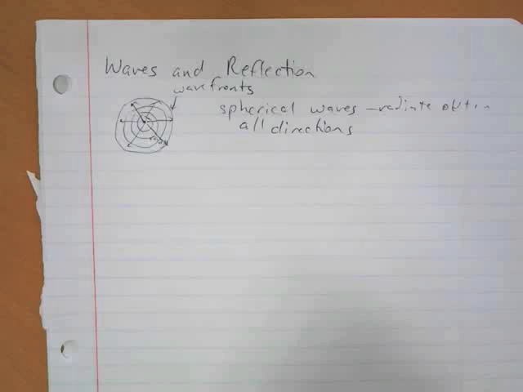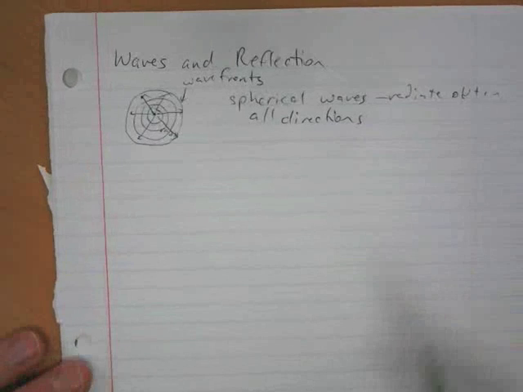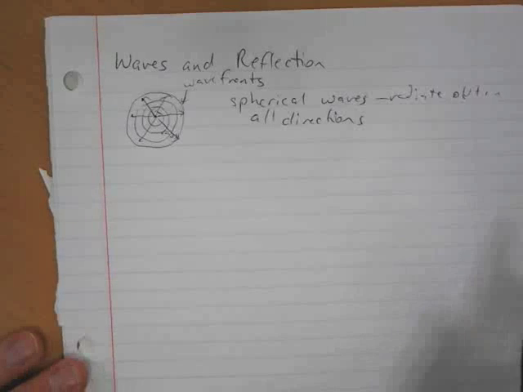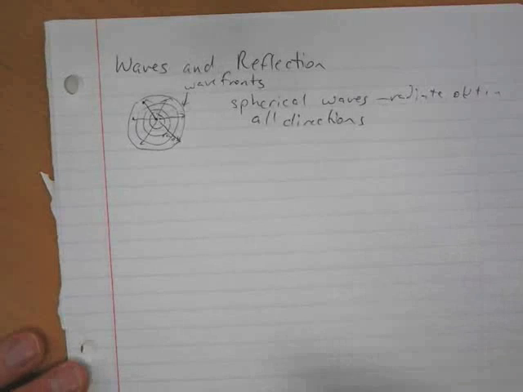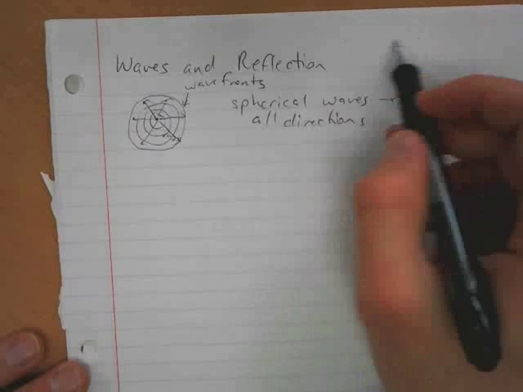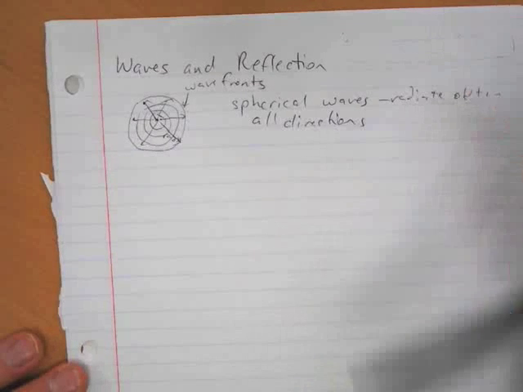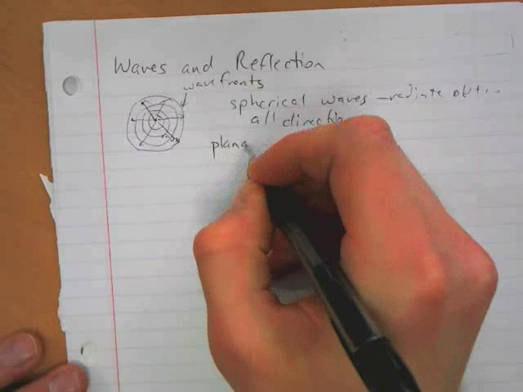Now, if your source is very far away, like the sun, say, the sun's rays hitting the Earth, or if there's a line of sources, like a long light that's radiating, you can create what are called planar waves.